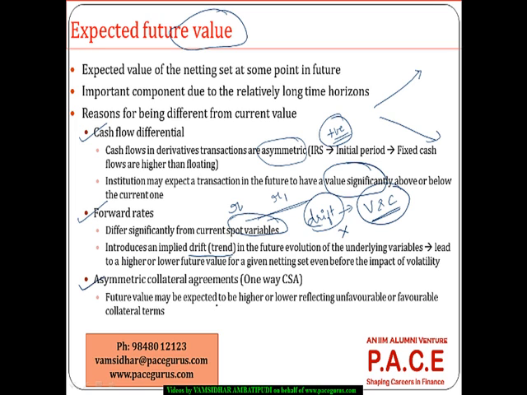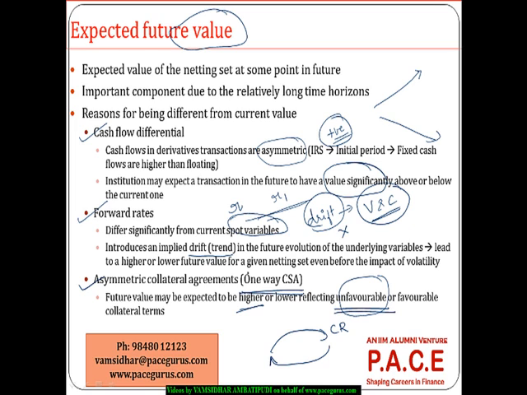And even the collaterals, there could be a one-way CSAs kind of stuff where the asymmetry is coming because it is more in favor of the collateral receiver and acts completely against the collateral giver. So which means the future value can be higher or lower based on the unfavorable terms. If the collateral terms are unfavorable to a particular party, the future values will be much higher because right now this party would have paid a very heavy collateral.